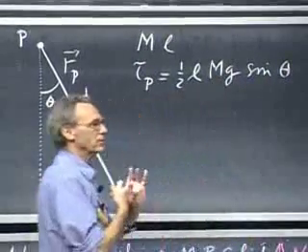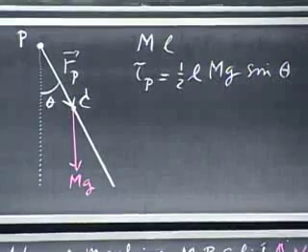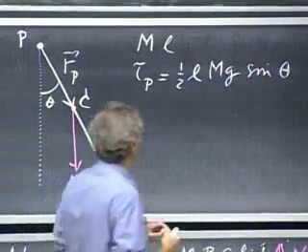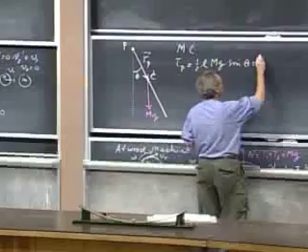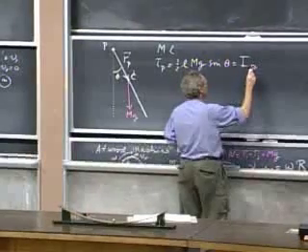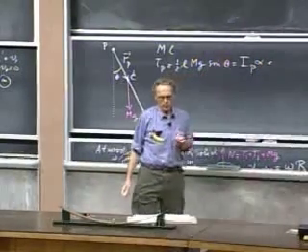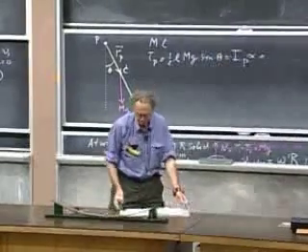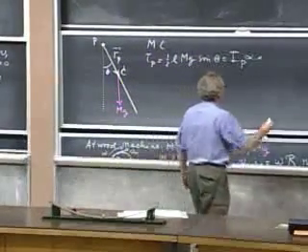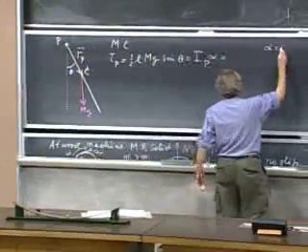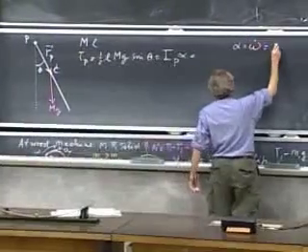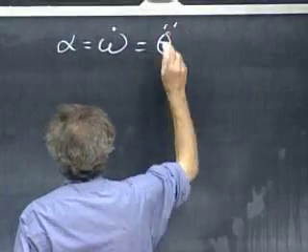The cross product has the sine of the angle in it. So this is the torque relative to point P, which also must be the moment of inertia about point P times alpha. No different from what we just had with the pulley. So alpha equals omega dot, which is also theta double dot.